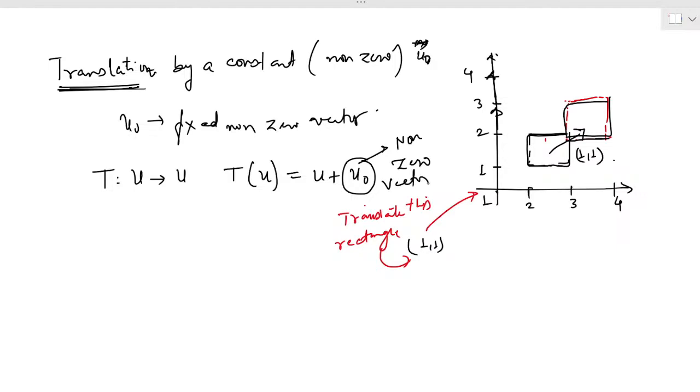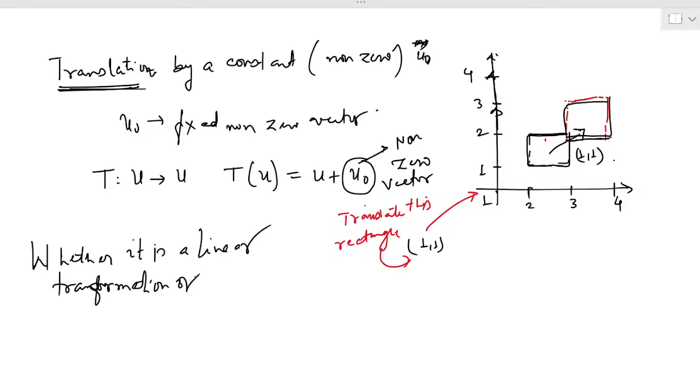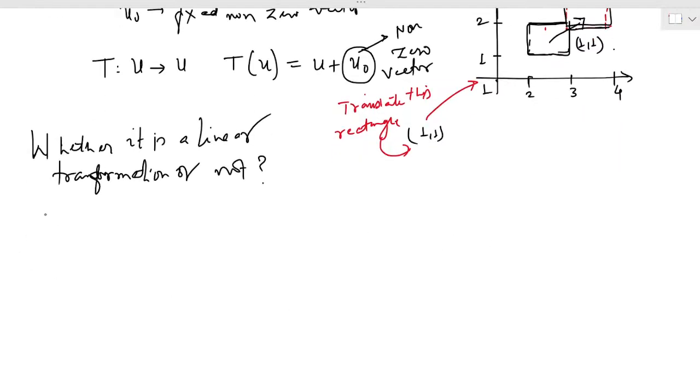Now the question arises whether it is a linear transformation or not. So the answer is no, it is not a linear transformation.